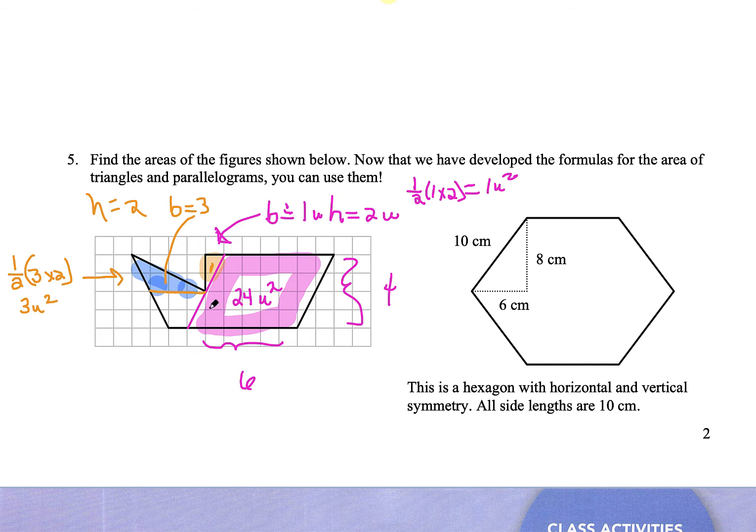Okay, so now we have left this trapezoid, but we can't use trapezoid because we haven't actually shown how to find that formula. But I can cut off a triangle here and a triangle here, and I can actually move this triangle over here.